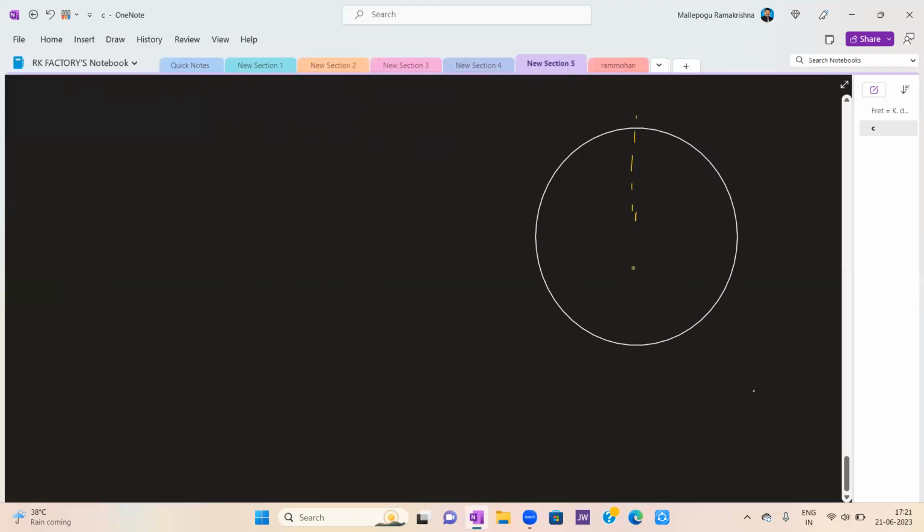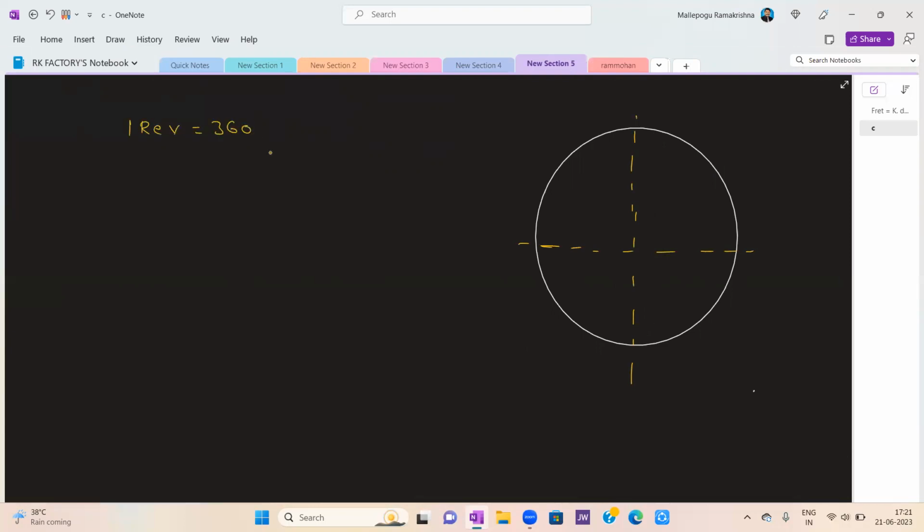So it is four parts, and it is actually one revolution. Just now we said it is 360 degrees, divided by four parts. 360 by 4, how much is it? It is 90. So each one is making 90.